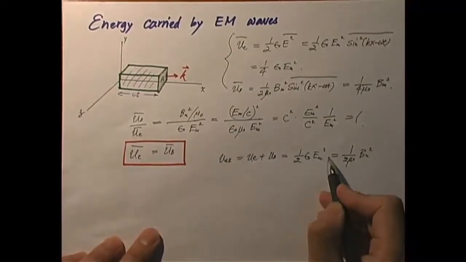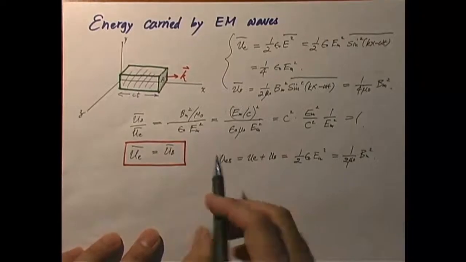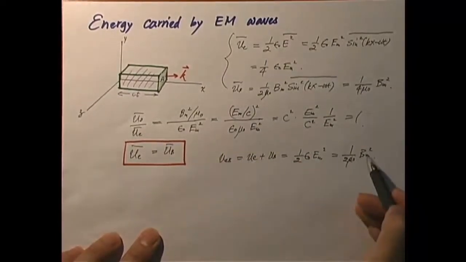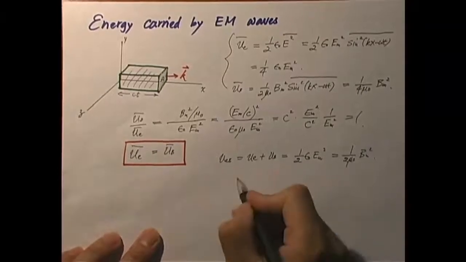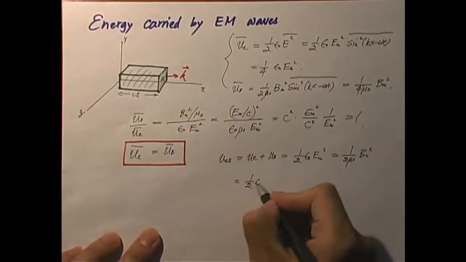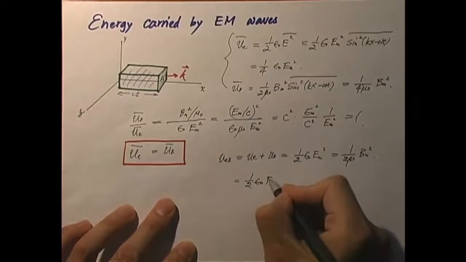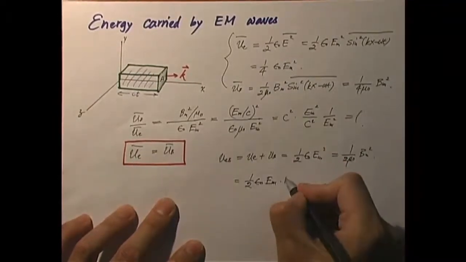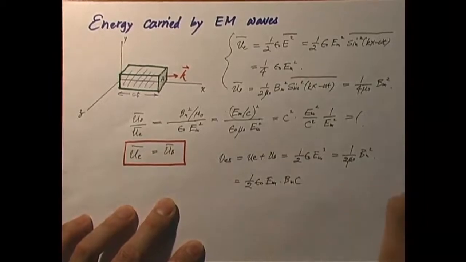And for the second E maximum, I'm going to use E maximum equals B maximum times C. Alright? So, for example, 1/2 epsilon naught times E maximum times the second E maximum, which is B maximum times C. Right?